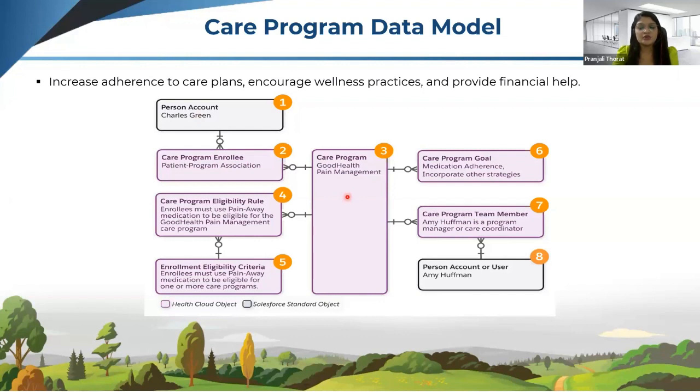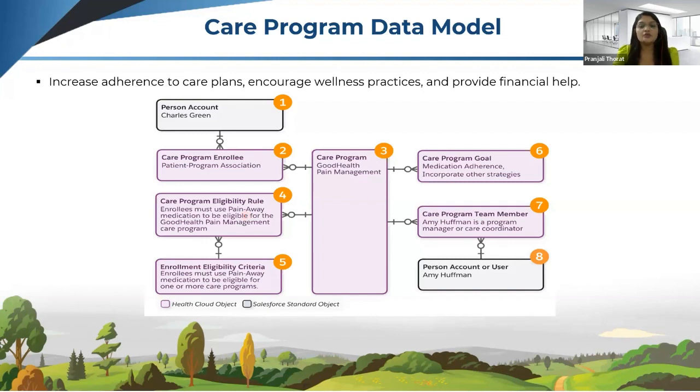Charles is eligible for the Good Health pain management care program because he uses Pain Away medication. The care program eligibility rule represents a rule that defines the criteria for patient care program enrollment eligibility. For example, enrollees must use Pain Away medication to be eligible for the Good Health pain management care program.